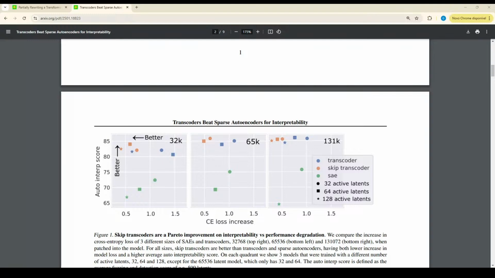That's why I'm not completely advocating that everyone should be doing this plot, because I don't think we have figured out auto interp. But if the best that you do on auto interp is that you look at 5 latent activations and say, okay, they look fine, I think that's not good.